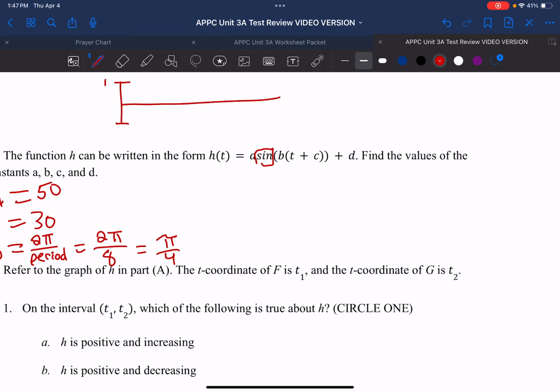You're going to be seeing the sine parent function in your sleep. Starts here, pi over 2, pi, 3 pi over 2, and 2 pi. Remember, I start here, I go up, down, up, okay? And where does that first maximum point hit?